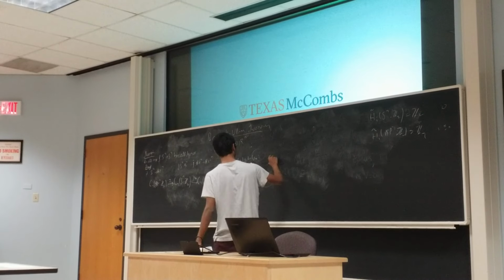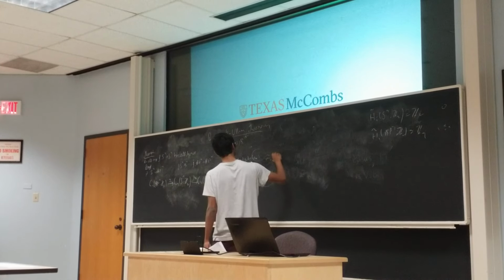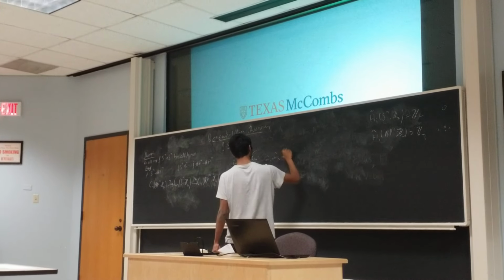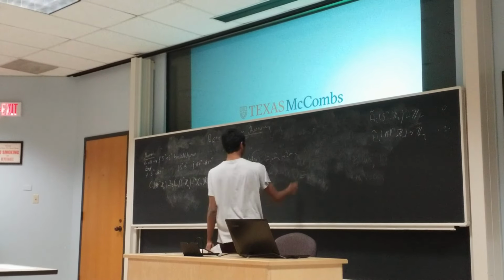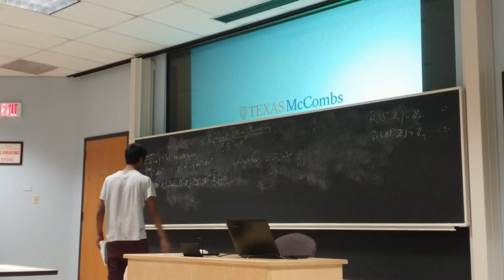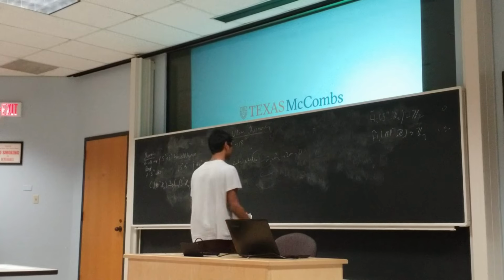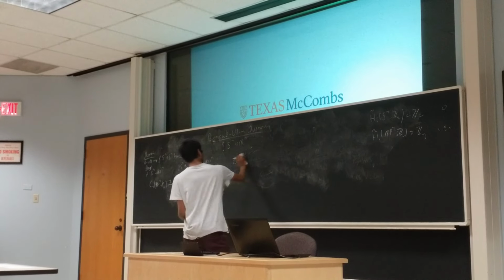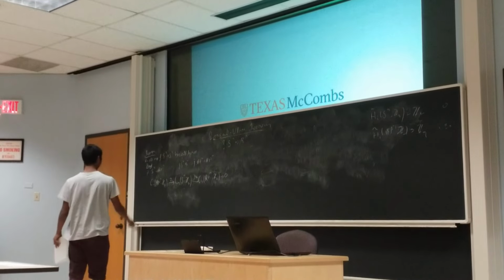So that would go to 2 times sigma, but then we're working in Z2, so that is zero. The other direction can also work, but I'm just going to leave that aside for now because I think you can work that out. This is an exact sequence.